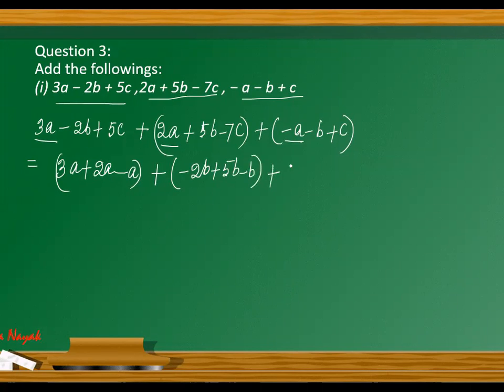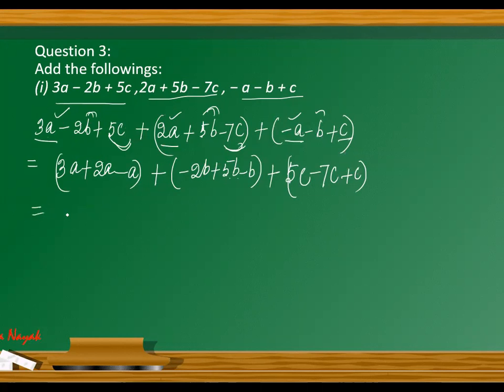Then coming to the c group, 5c minus 7c plus c. So a, we wrote b, 5b minus b. We wrote next come 5c minus 7c.